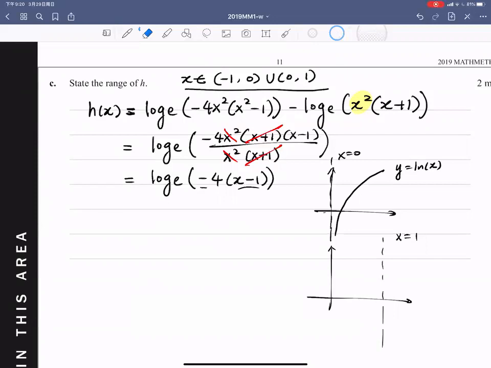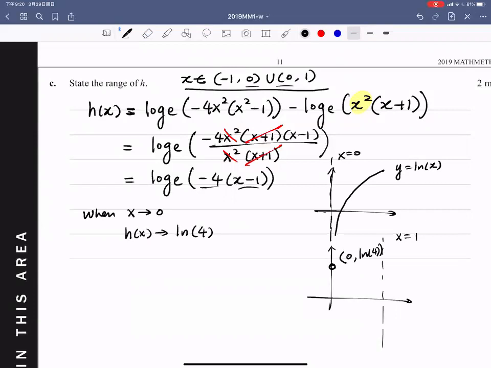So when x is approaching 0, because this one is an open circle, your h of x will be natural log of -4 times -1, natural log 4. So an open circle y-intercept, quoted y-intercept, okay? It's not really a y-intercept because it's exclusive.